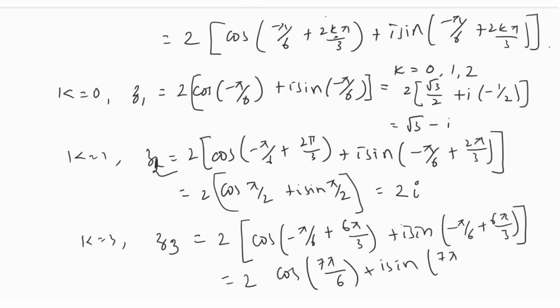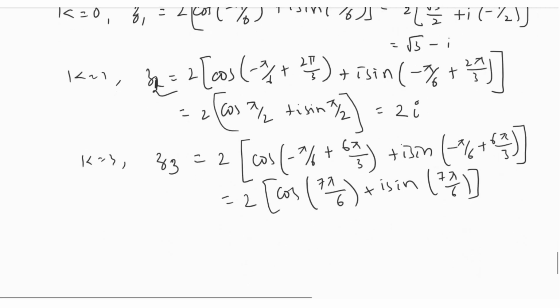You can calculate and check why it is 7 pi by 6. The angle 7 pi by 6 is in the third quadrant, so both of them are negative, so that's why it is minus root 3 minus i, because this value is minus root 3 by 2, this value is minus 1 by 2, and the 2 will cancel with this 2. So that is the answer.